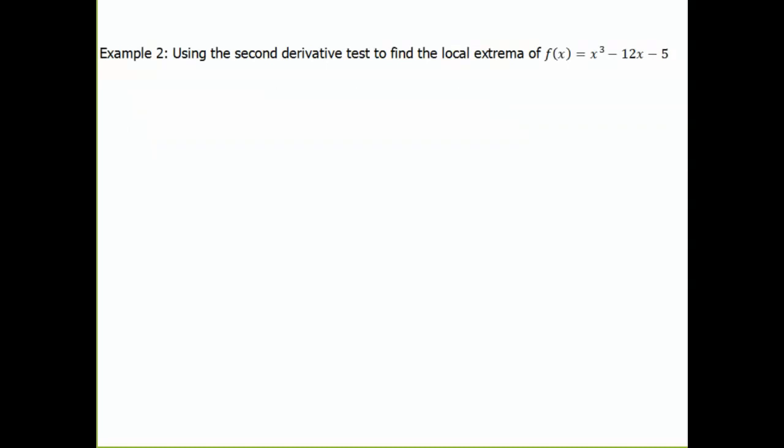So we can apply both methods in example 2. It says using the second derivative test to test for local extrema. So what we're going to do is find f prime, and we have to find the critical points of f prime.